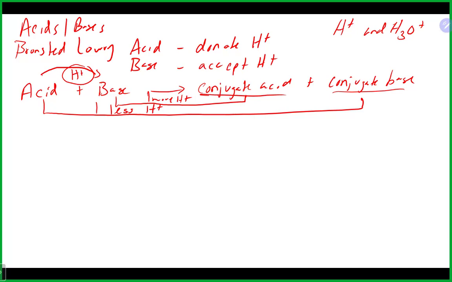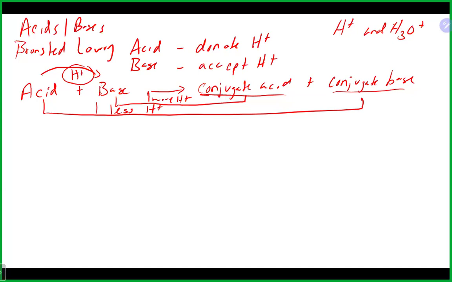So you do have to take the charge into account as you gain or lose an H+. When you gain an H+, you become one more positive in terms of the charge, and if you lose an H+, you become one more negative. So you want to make sure you adjust those charges.